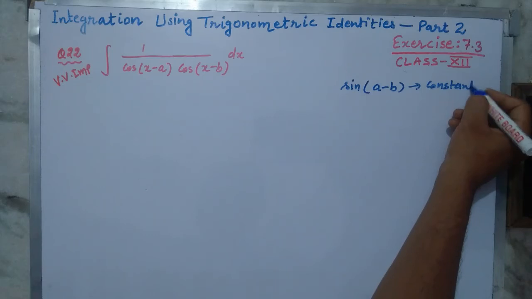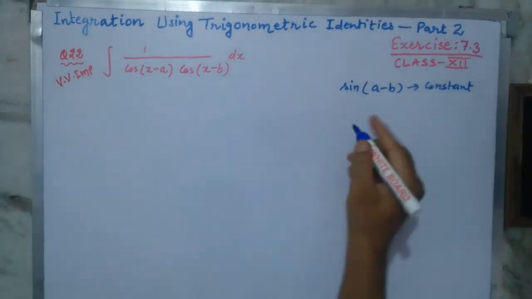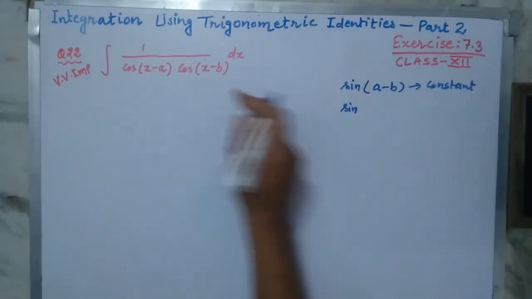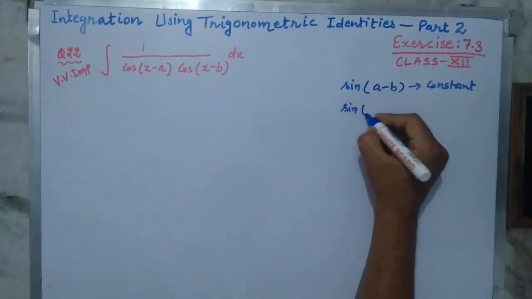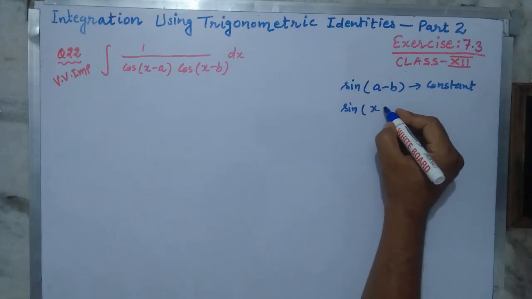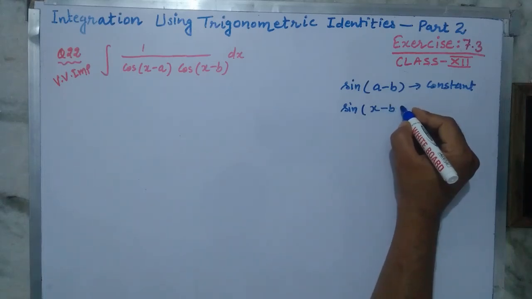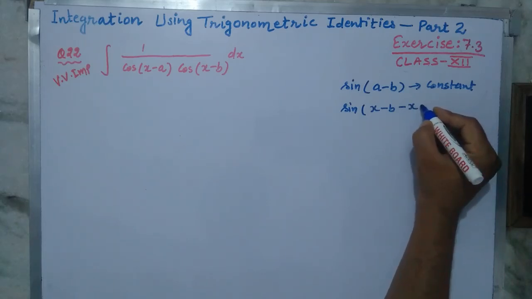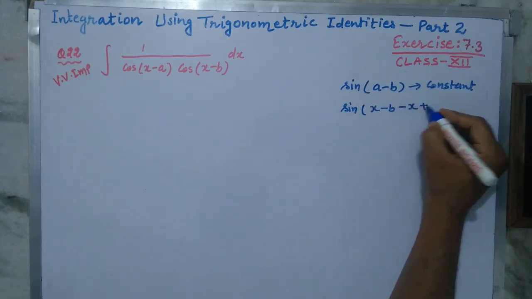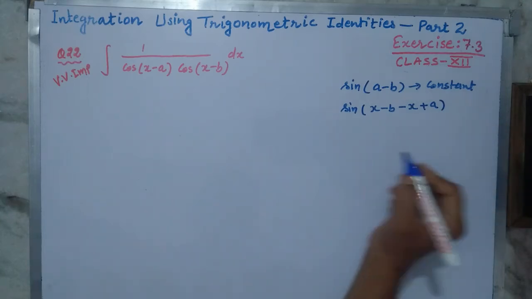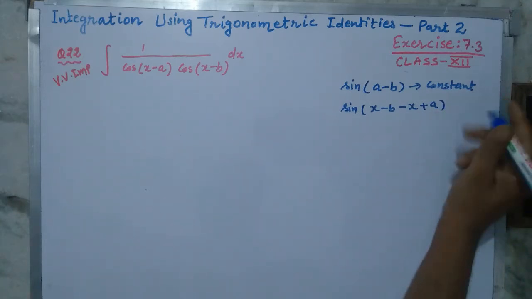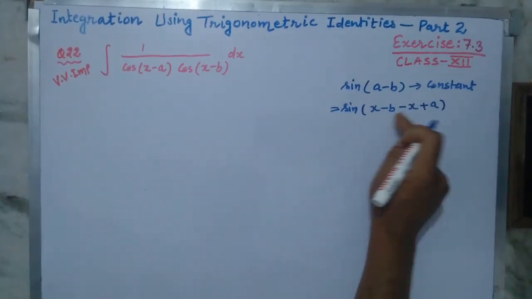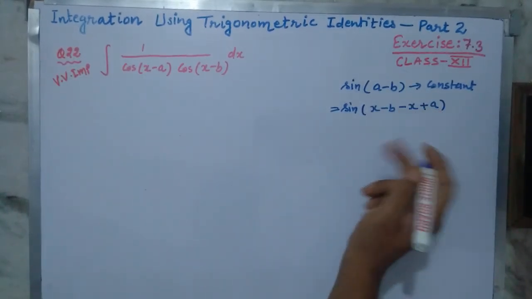So what we do, we write this as equal to (x minus b) minus (x minus a). This is also purely constant because minus x and plus x cancel, leaving a minus b.